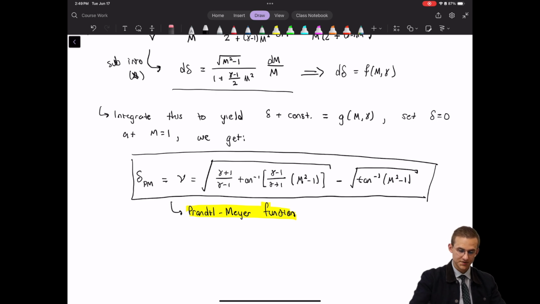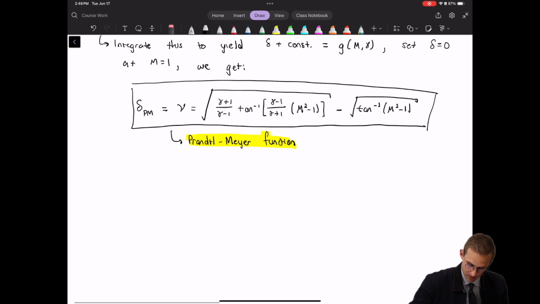So this nu is the angle measured from the flow direction where M naught equals 1, through which the flow has been turned isentropically to reach M.